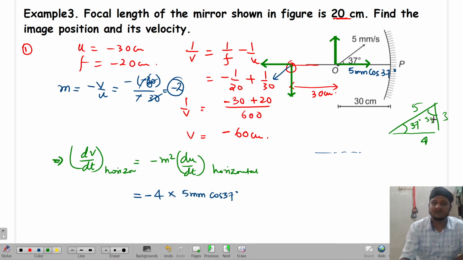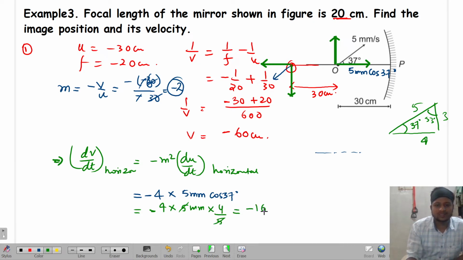Longest side, it is 53. So cos 37 will be how much? 4 by 5. Got it or not? So it will be minus of 4 into 5 millimeter, and cos 37 is 4 by 5. 5 got cancelled. I got minus of 16 millimeter per second.